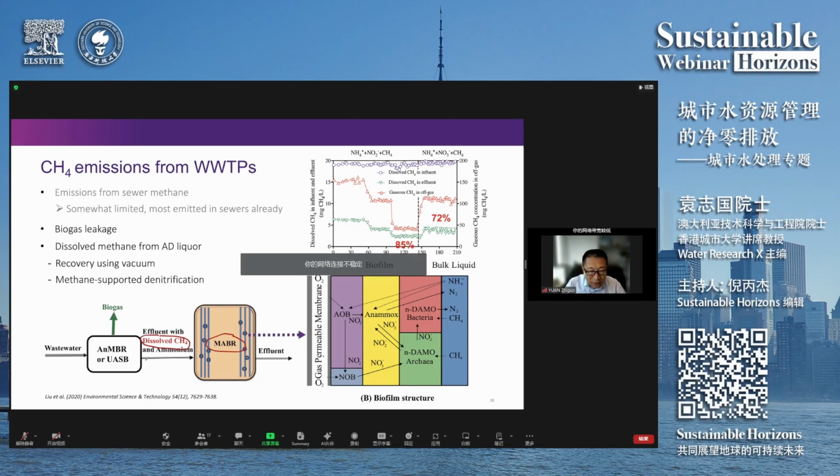So we achieve two goals with one process: we reduce methane emission on the one hand, and on the other hand, we enhance nitrogen removal by enhancing denitrification. For those who are interested in this process, you can have a look at the reference I cite here.